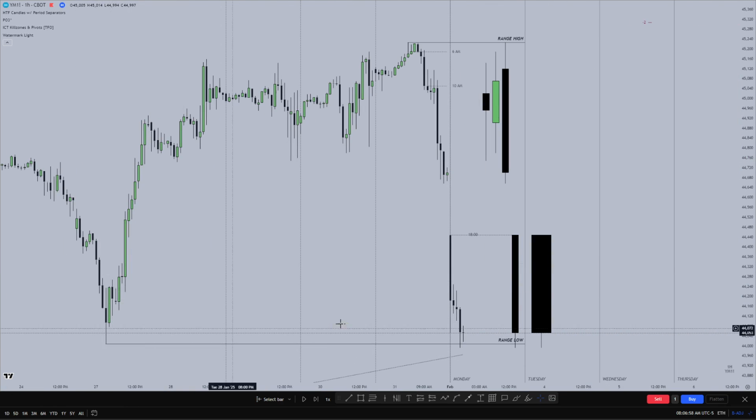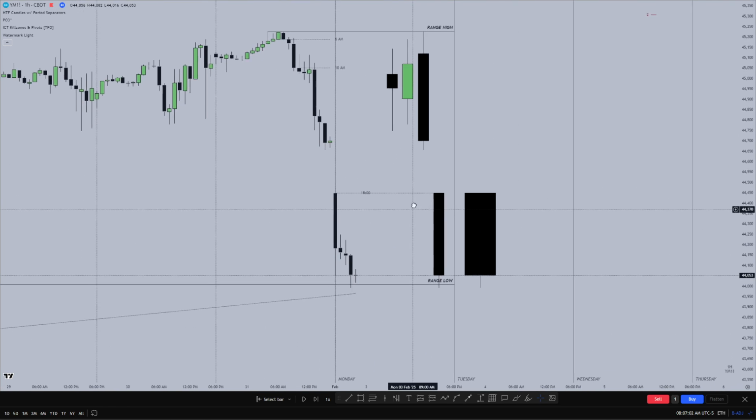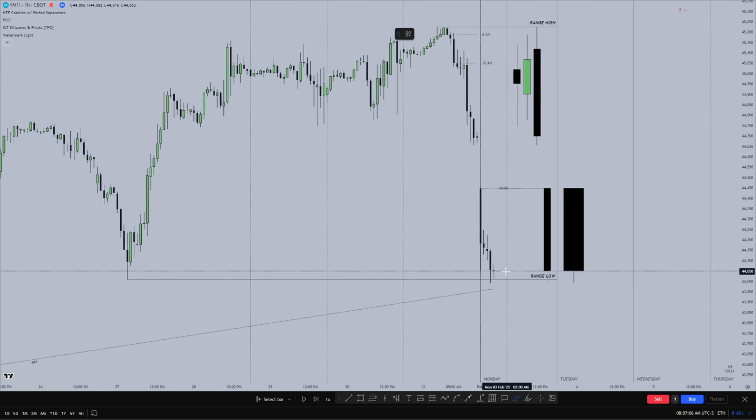Now here it tags the range low. I want to see a reaction from here to tell myself if this is a manipulation, and if this is a manipulation I want to frame to the opposing end.